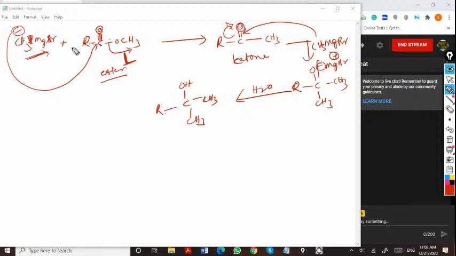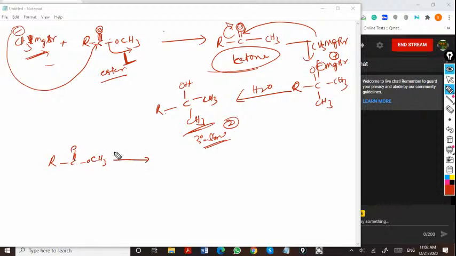So with 1 mole of Grignard, it gave a ketone. With 2 moles of Grignard, it gave a tertiary alcohol. If I write the reaction like this, C double bond O, O–CH3, with 1 mole of methyl magnesium bromide, you need to write C double bond O, CH3.